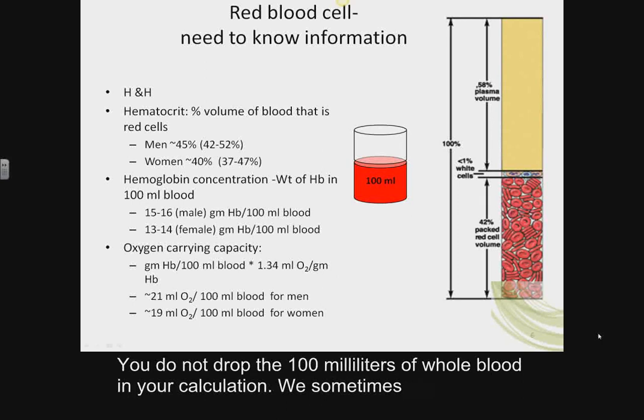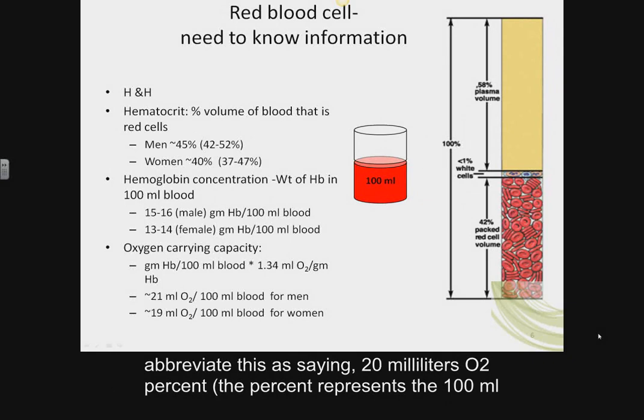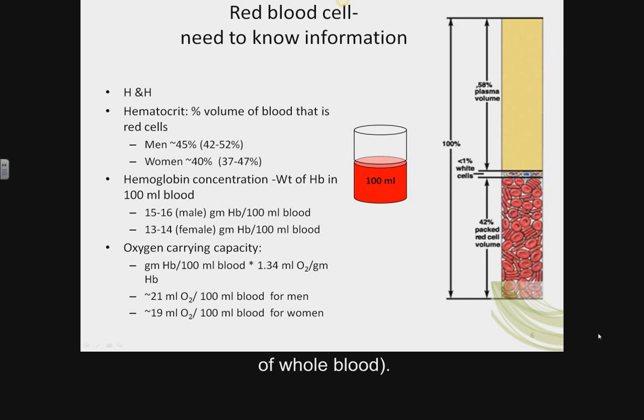You do not drop the 100 milliliters of whole blood from your calculation. We sometimes abbreviate this as saying 20 milliliters O2%, where the percent represents the 100 milliliters of whole blood.